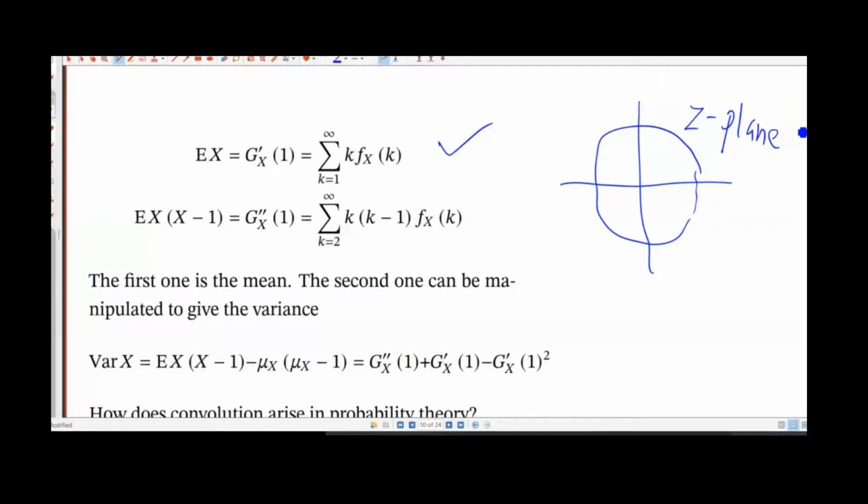So Z plane में Z is equal to 1 का क्या मतलब होता है? Don't tell me that this is unit circle, because Z equal to 1 will be this point, yeah? Unit circle में क्या होगा? ये होगा ना? So this is different from that.